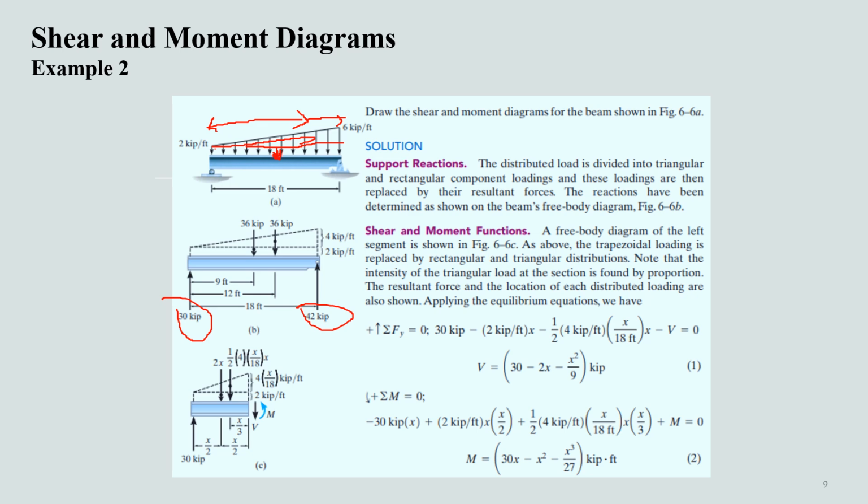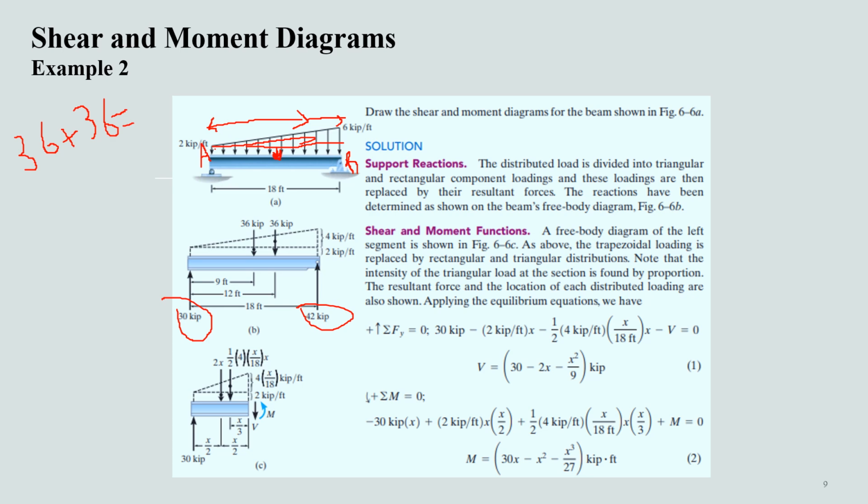How have we done that? I'll just write this so that it can be made clear. 36 plus 36 will be equal to the summation of the unknown forces at location A and at location B.